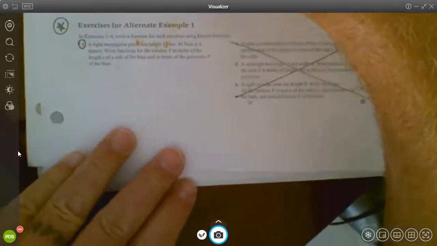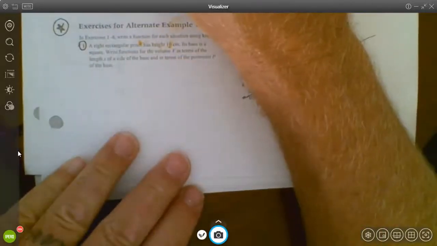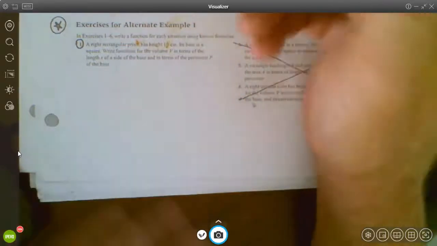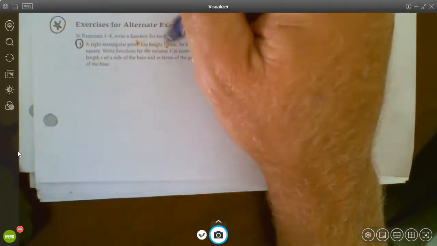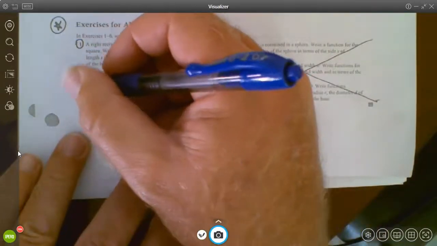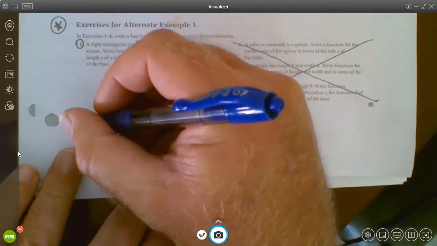So let's try one of these. And this is that point where you can stop or pause the video and try this on your own if you'd like. But we're looking at a right rectangular prism, has a height of 10. The base is a square. So let me see if I can draw that out real quick.